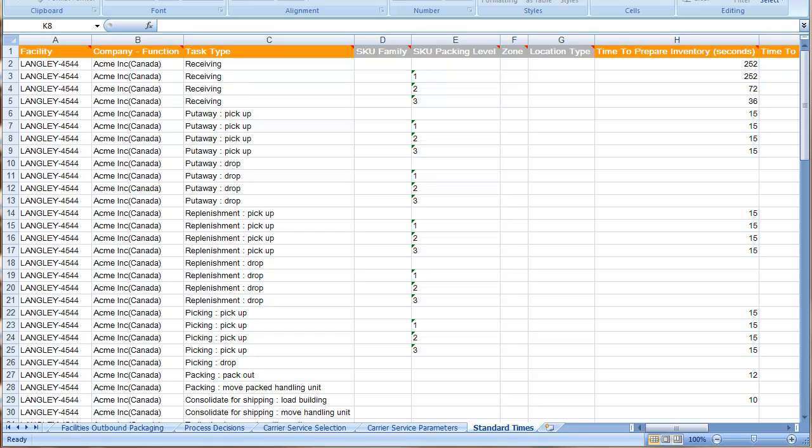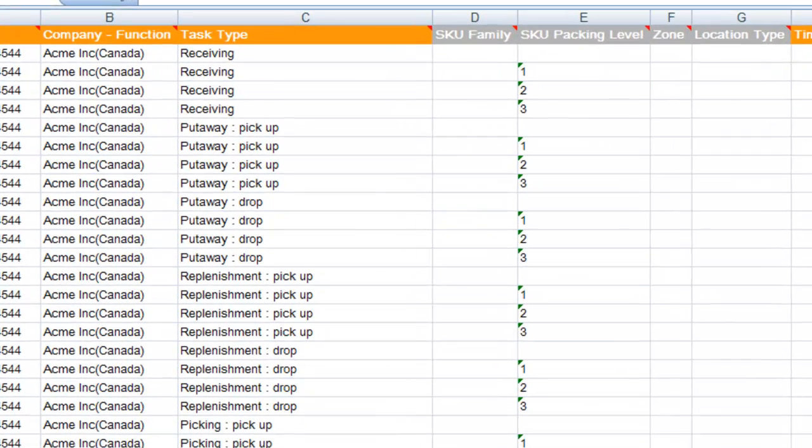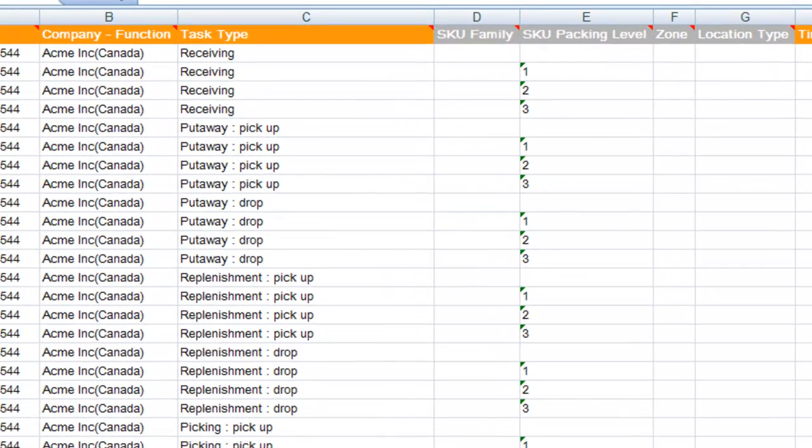The static component is determined based on the standard times that you define in the standard times gene. Standard times for task types are entered at facility and company level and optionally defined at SKU family, SKU packing level, zone and location type level.